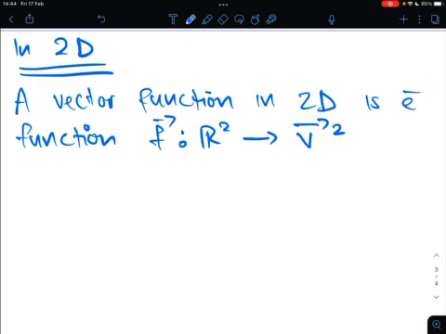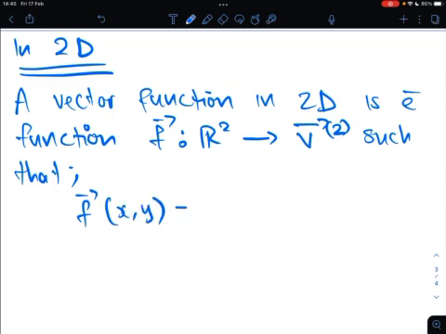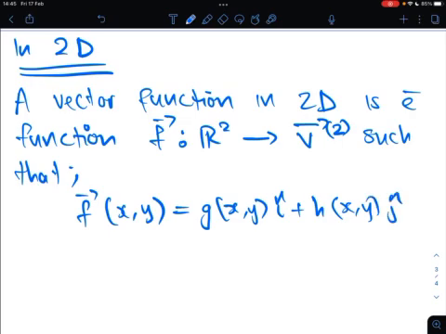It is a function which takes us from R2 to V2, where V2 just simply means, let me put this to show that this is not a power, it takes us to two-dimensional vectors, such that when you feed it a coordinate such as x, y, you get a vector g(x,y) i plus h(x,y) j, like that.